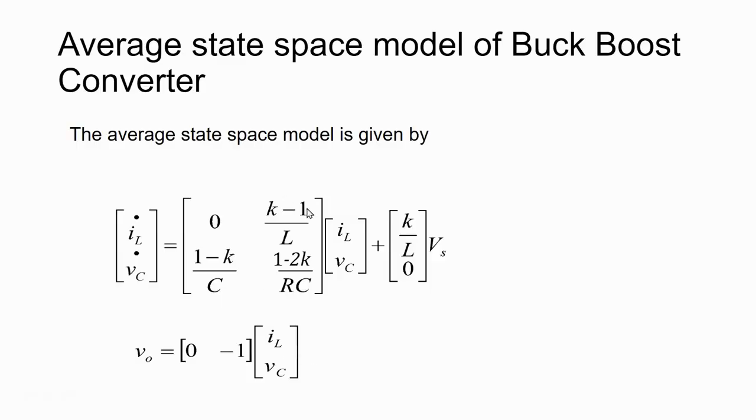So this is the A matrix, this is B vector, this is C vector. So far we have derived the state space model for mode 1 and mode 2, and we have combined the model for on and off periods to get the average state space model, which is the required state space model of the buck-boost converter.